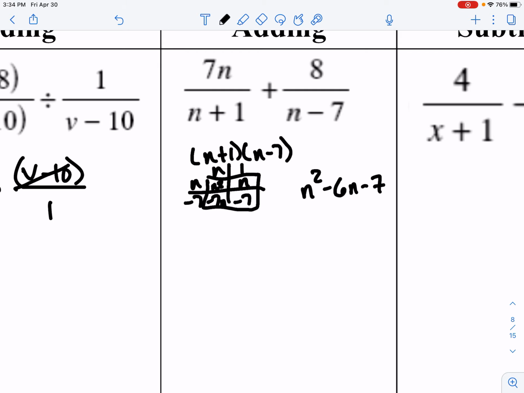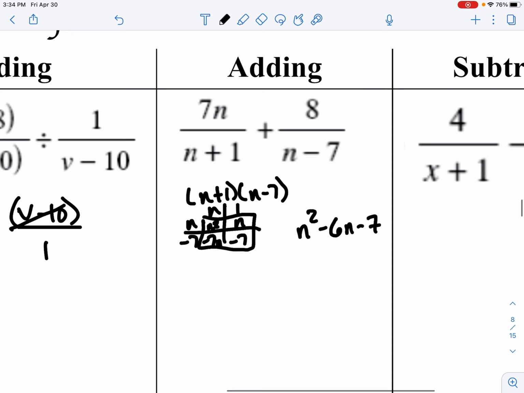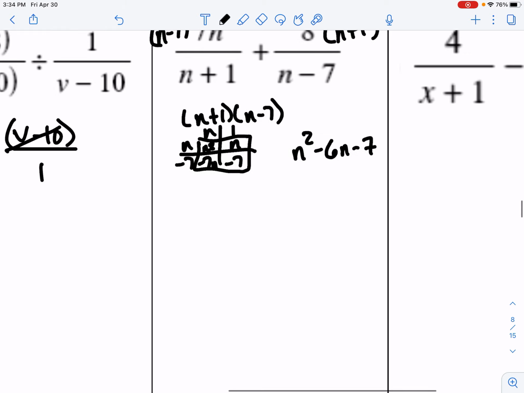What you then do is multiply your numerators by the opposite denominator. So I'll have 7n times n minus 7.